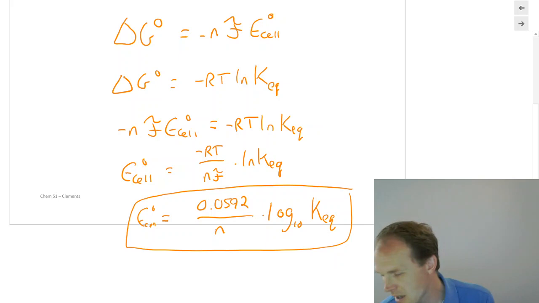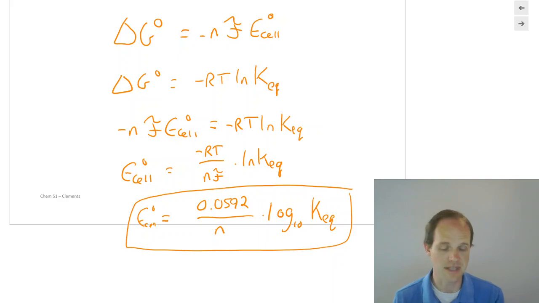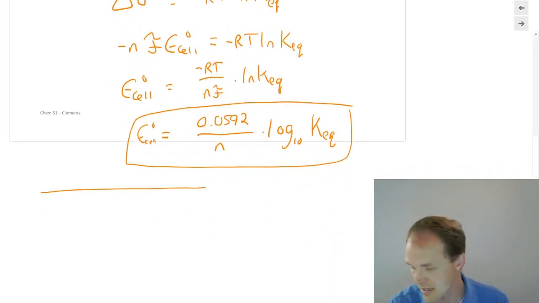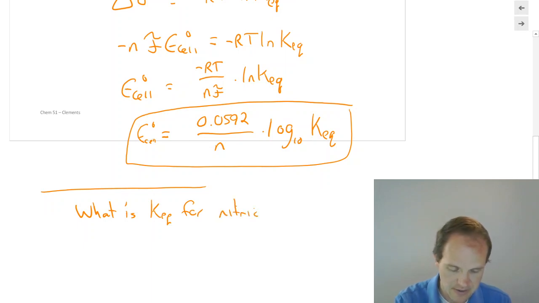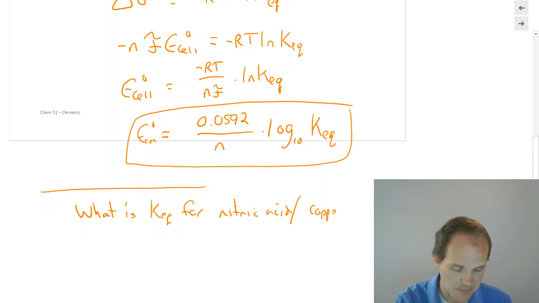And this is a very common way of calculating cell potentials, or calculating Ks from cell potentials. So we'll do an example real quick, and we'll say, what is K for the nitric acid copper cell?